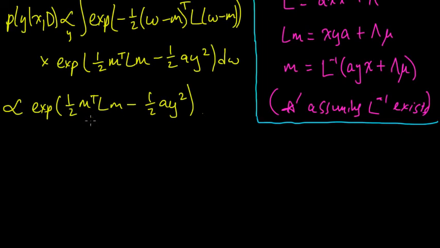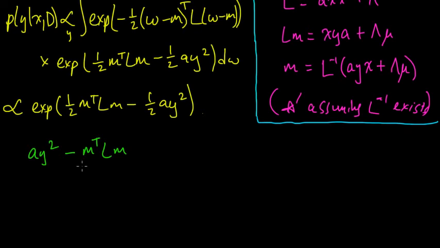So we will look at the exponent. This is going to look very similar. Let's pull out the -1/2 and see what we get. Let's go ahead and move the ay squared over on the left, minus, pull out -1/2, so we get minus m transpose L m.